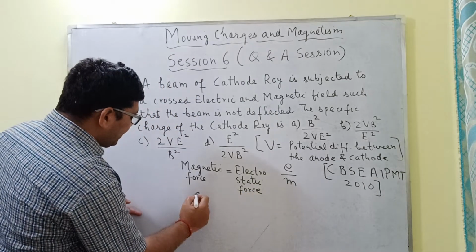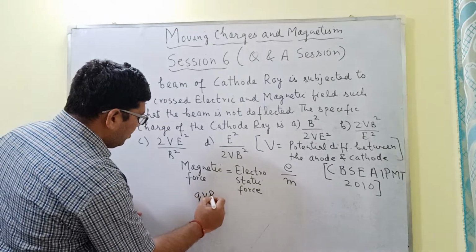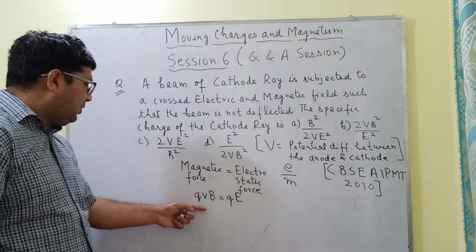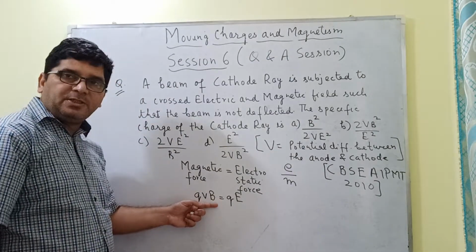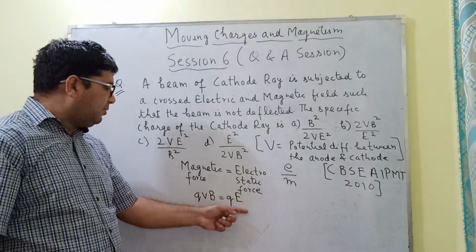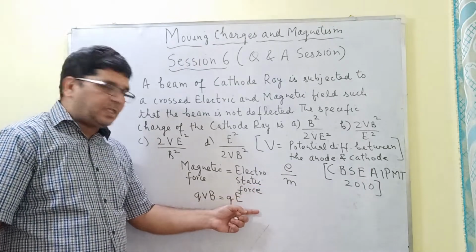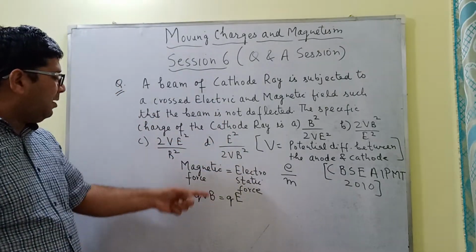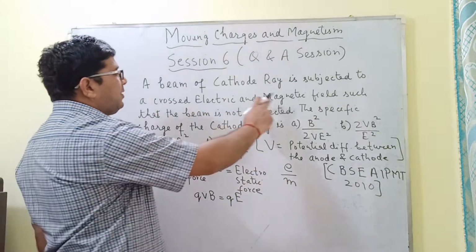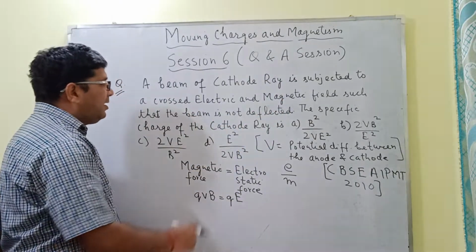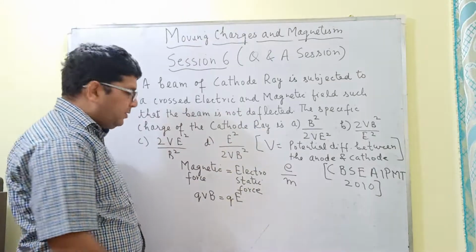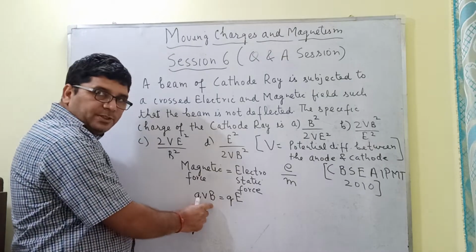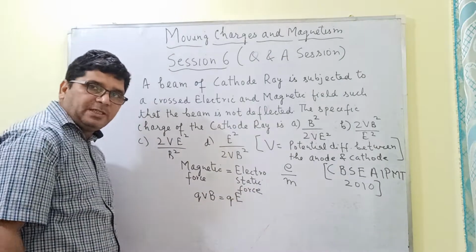Now the magnetic force is given by q v B, and the electrostatic force is equal to q E. q v B is the magnitude of the magnetic force, and q E is the magnitude of the electrostatic force. Since the electric field and the magnetic field are perpendicular to each other and the beam is not deflected, this will happen only when the magnitude of the magnetic force is equal to the magnitude of the electrostatic force.